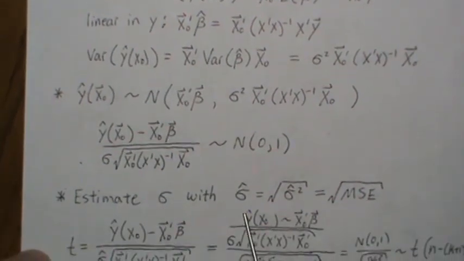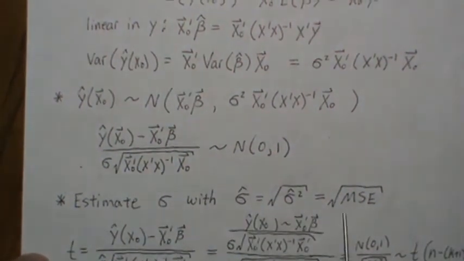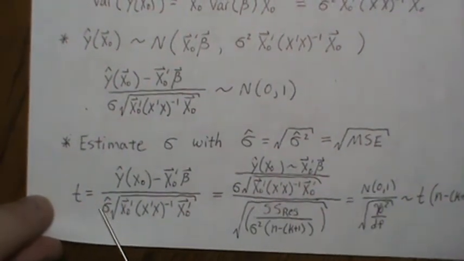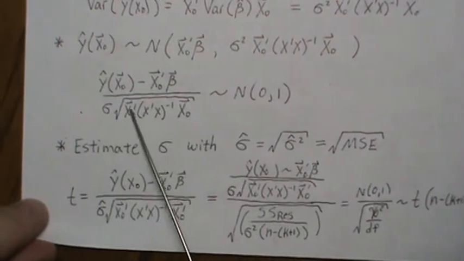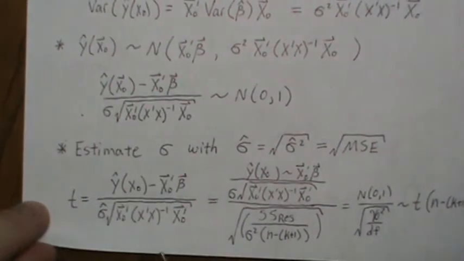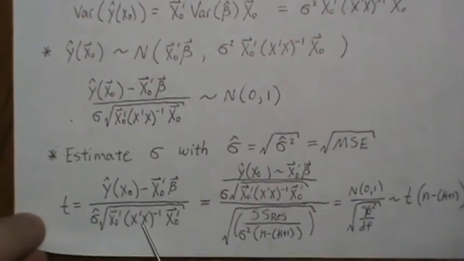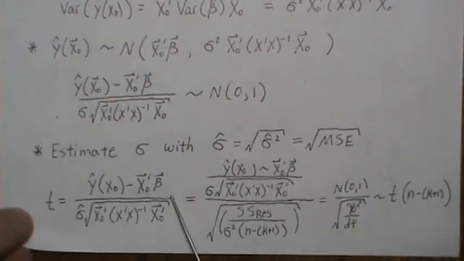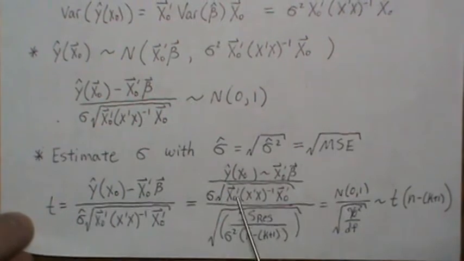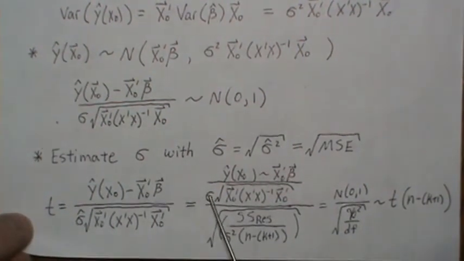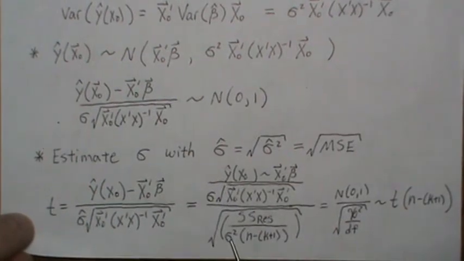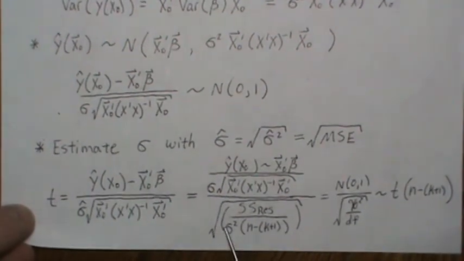But let's estimate sigma with sigma hat, which is the square root of the mean square error. And so then we just plug it in right there. So this right here is this. But we have to rewrite it to highlight its distribution. So we take this piece here and put it in the numerator, and then divide by sigma, the population standard deviation, but we also divide by the square root of sigma squared, which is sigma, so those cancel.